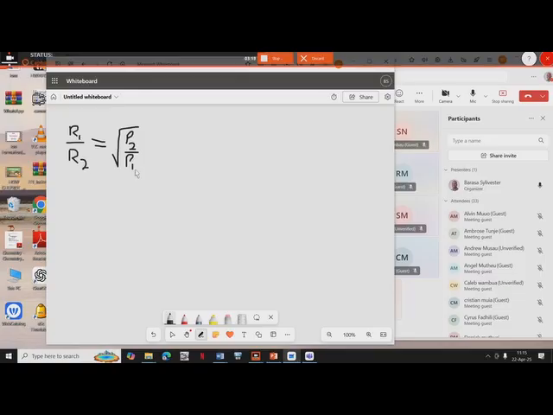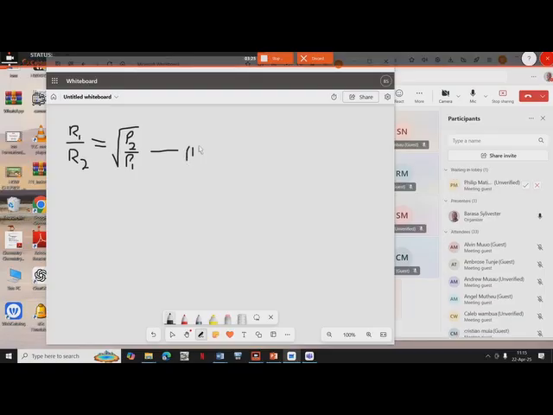Sorry, those are rates, so R1 divided by R2. So that's the first equation. This one is our equation number 1.